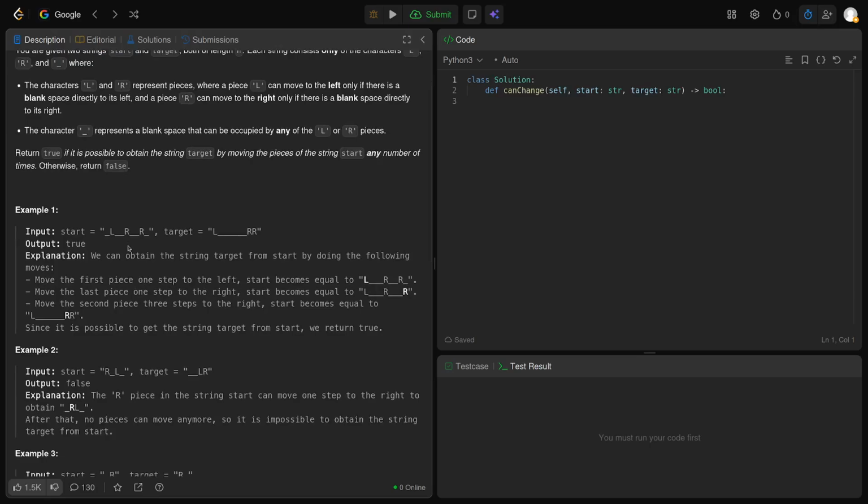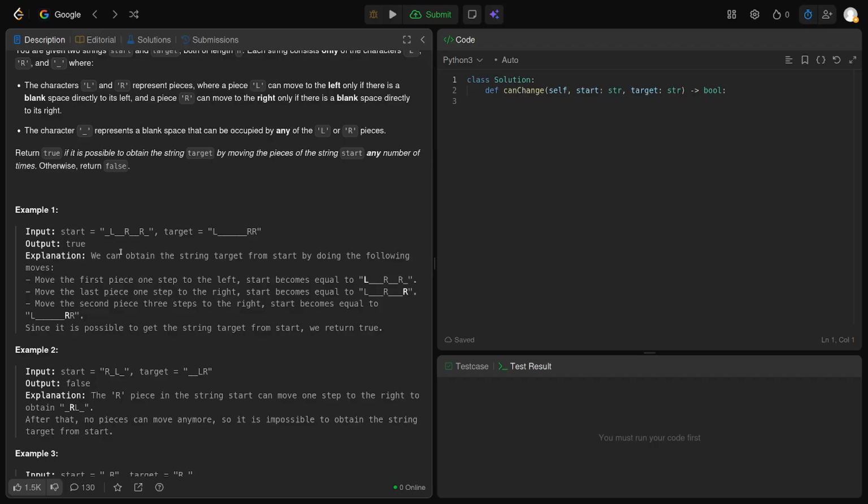Okay, so essentially you can just move them, but their relative order stays the same. So what we do, we get letters from first and letters from second. If there is a different count of them, of course we return false, and if not, okay, we go one by one and check first from start, first from target.